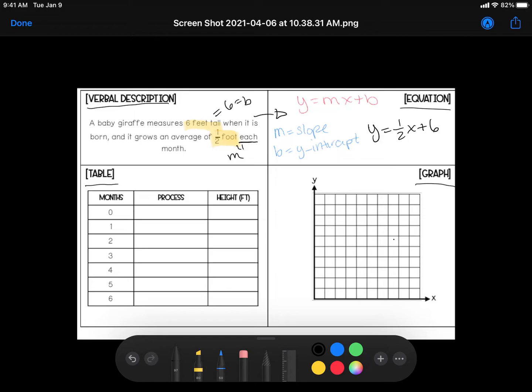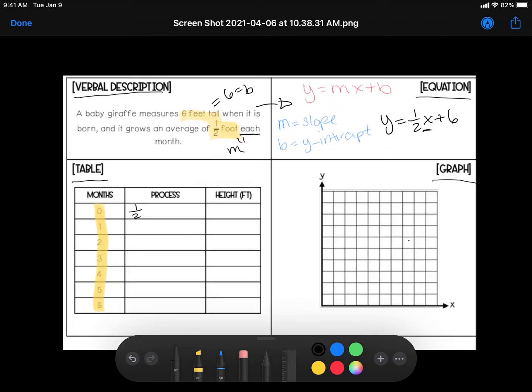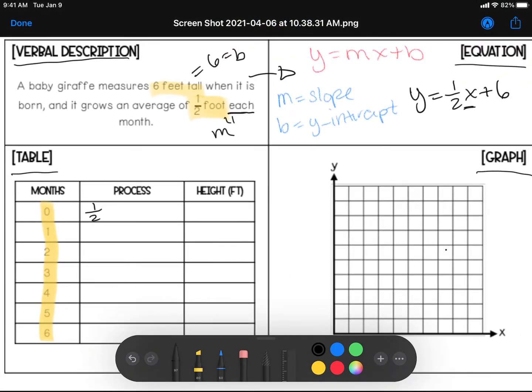And so now we're just putting each of these into the equation. On our table, we're putting our x values in for our x. I'm going to write out each of them, and I'm going to zoom in so you guys can see. A half times 0 plus 6.